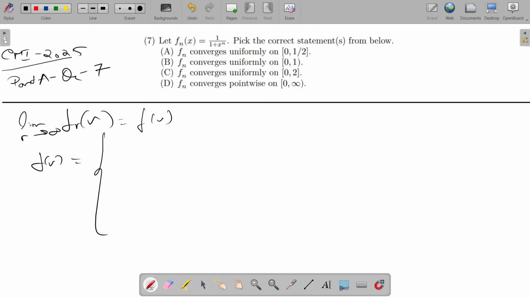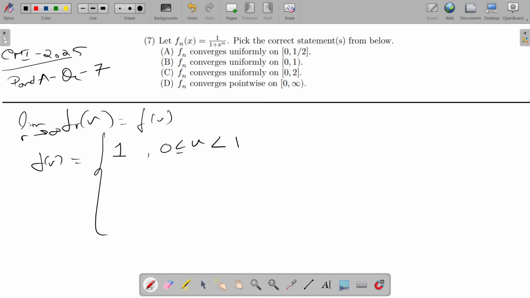The limit as n tends to infinity will be 1 for x greater than or equal to 0 and less than 1, because if x is less than 1, x to the power n is 0 as n tends to infinity, so the denominator will be 1, and the whole thing will be 1 since the numerator is 1.